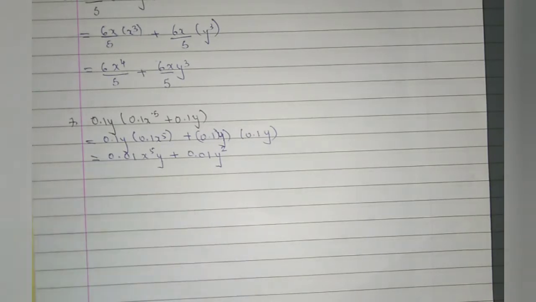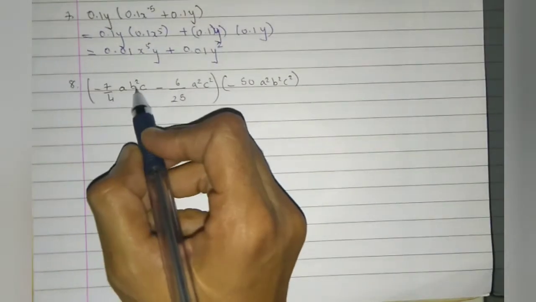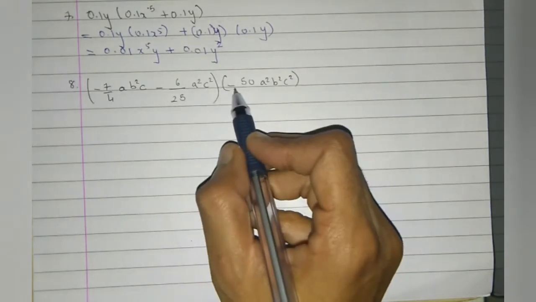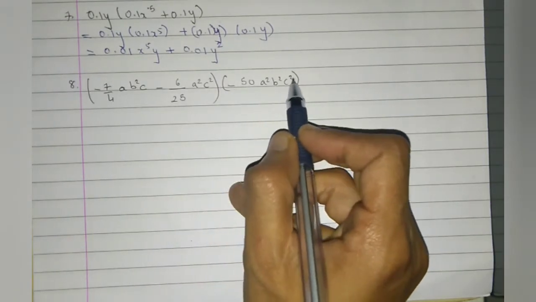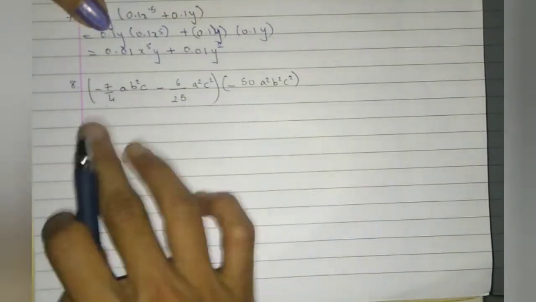Now another question, the eighth one: minus 7 upon 4 a b square c minus 6 upon 25 a square c square, multiplied by minus 50 a square b square c square. We have to just open the bracket.